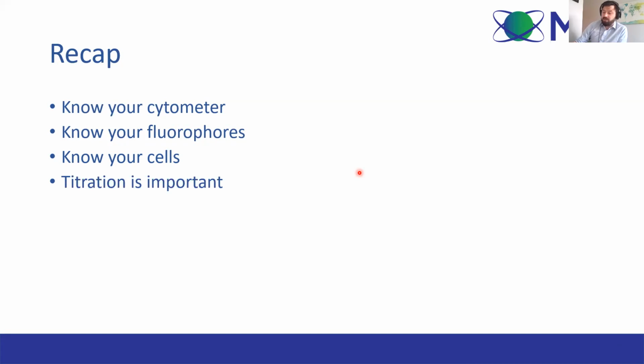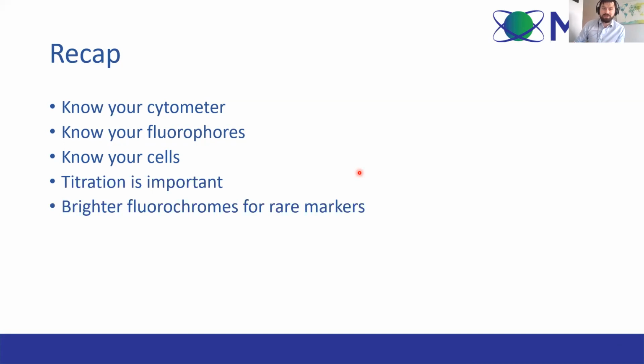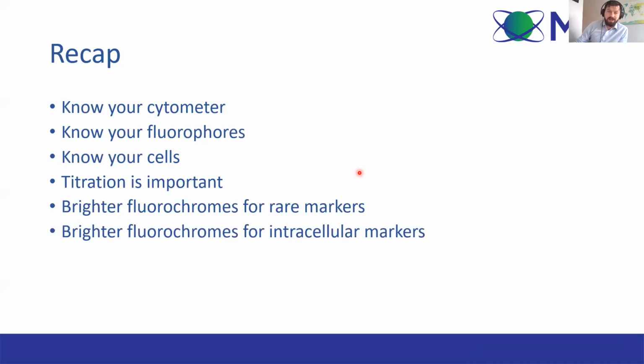Titration of your antibodies is important and should be done. You should always use brighter fluorochromes for rare markers, and vice versa, you should use dimmer fluorophores for very abundant markers. Again, similarly for intracellular markers, it's generally good to use a brighter fluorophore. You should be careful using tandem dyes with fixatives.